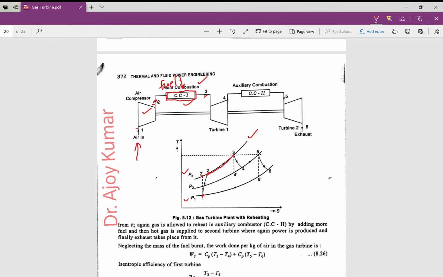At point 3, we are getting maximum temperature. So this hot gas is supplied to turbine number 1. As you know, turbine is an expansion device, so it produces power.